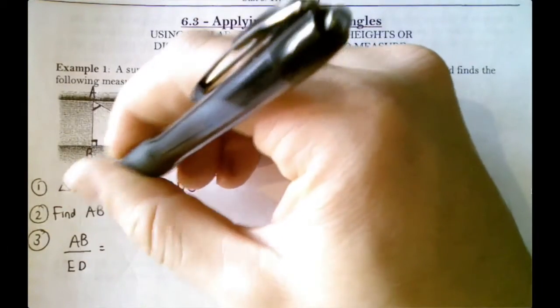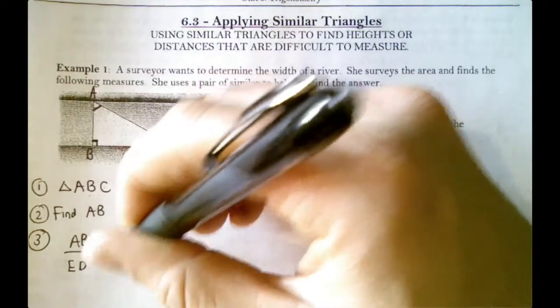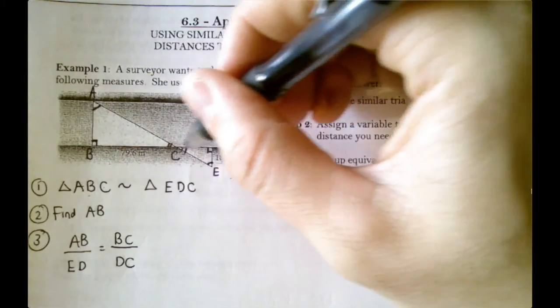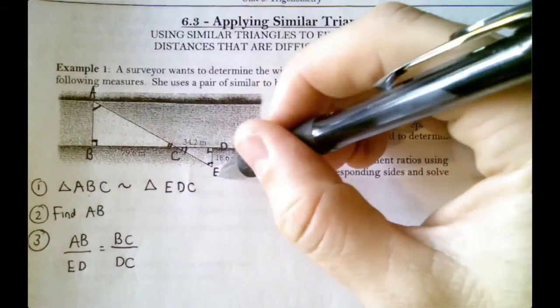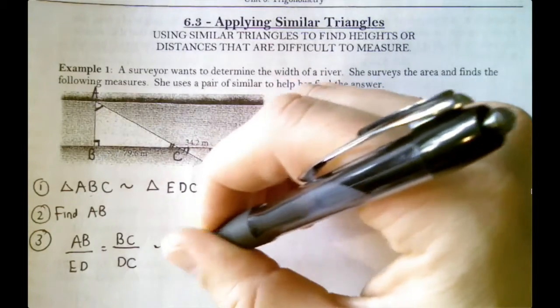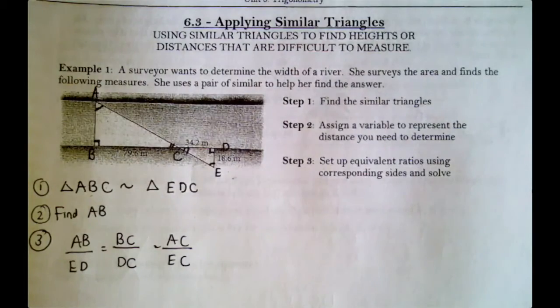And BC is going to be similar to DC. And now what do we got left? We got AC, our diagonal, is going to be the same as EC.